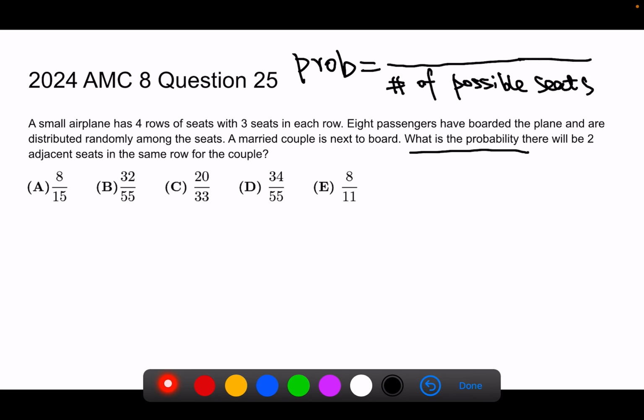That's your universe, meaning I have 8 people that have already boarded the plane. How many ways can I just put them into different seats?